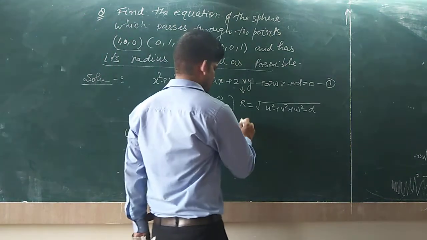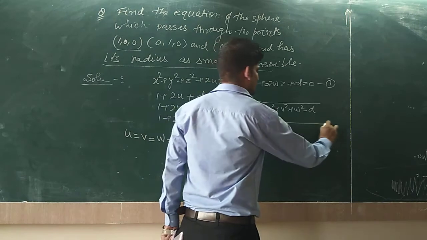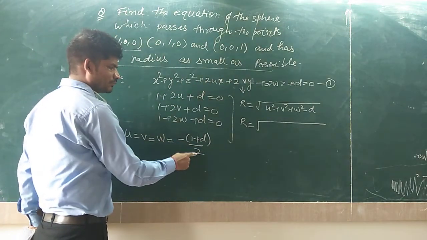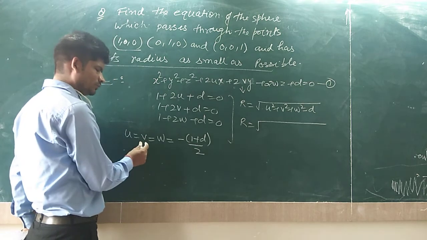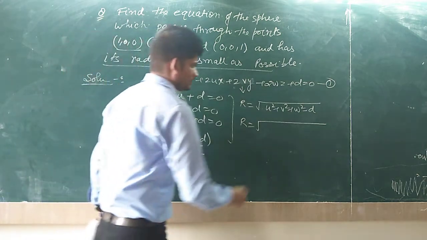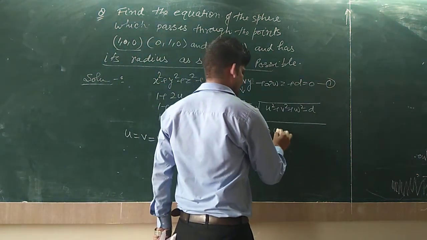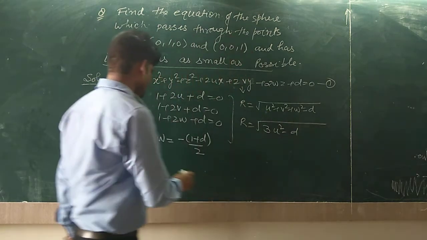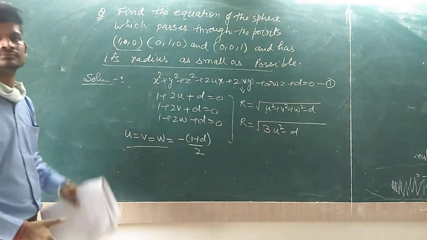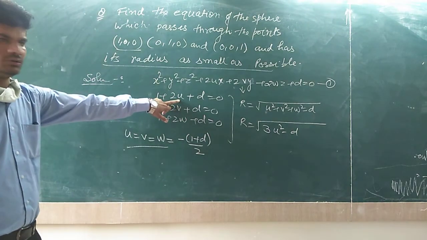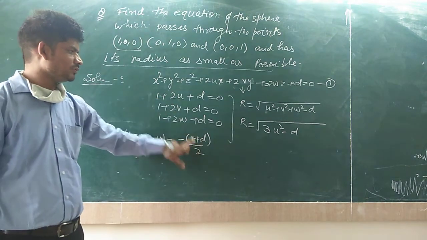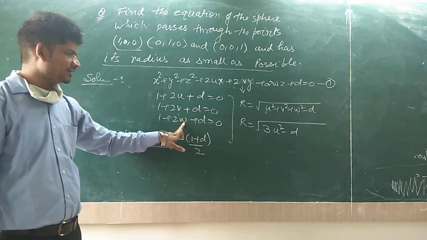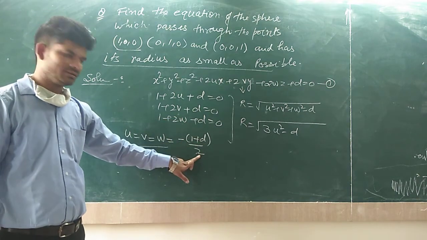So 3u square minus d, and by converting this condition, we find u equal to minus (1 plus d) upon 2, v equal to minus (1 plus d) upon 2, and w equal to minus (1 plus d) upon 2.